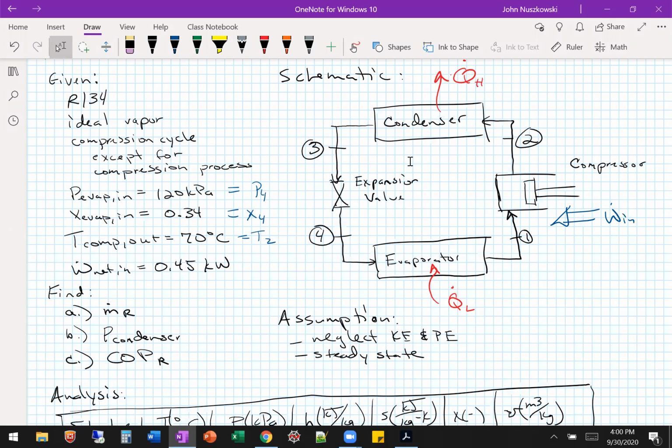You would have to draw the TS diagram. Yeah, the TS diagram. Okay.